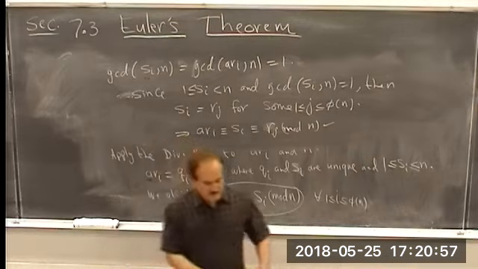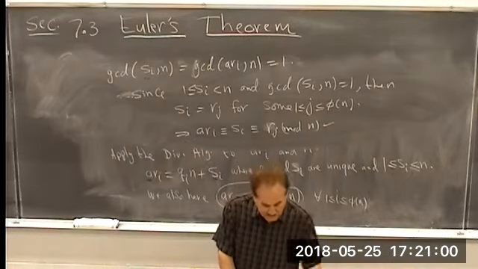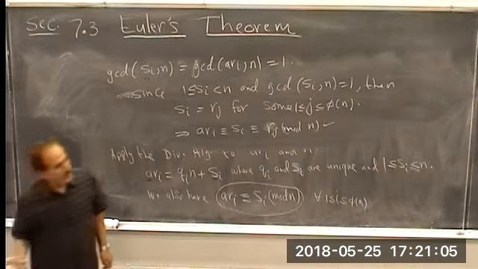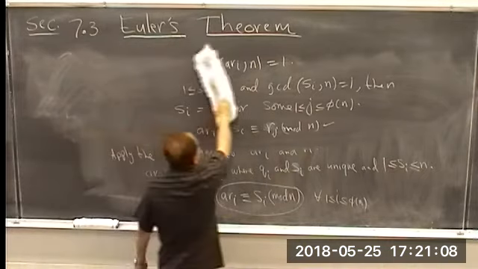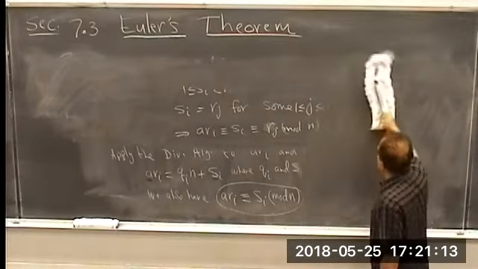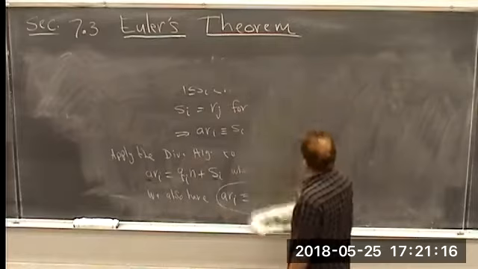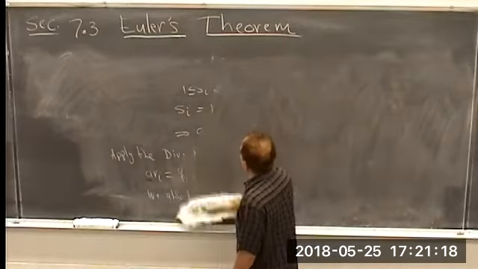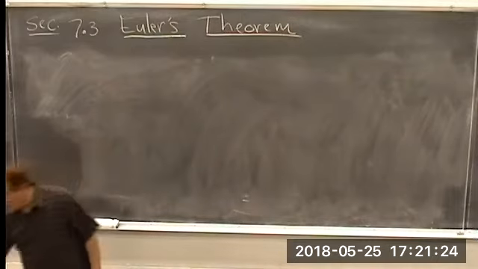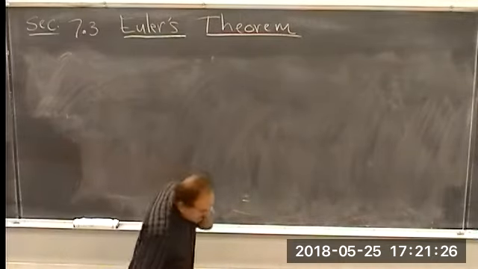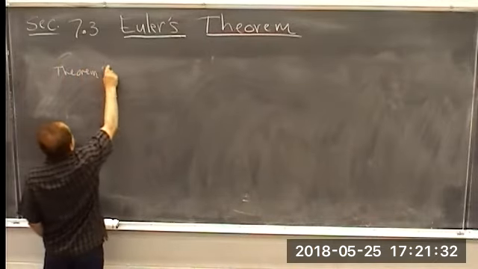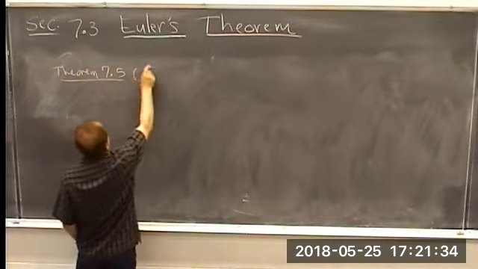Now we go ahead and state Euler's theorem and go through the proof. All right, Euler's theorem simply states that Fermat's theorem, in some sense, holds for every composite number. So this is theorem 7.5, Euler.